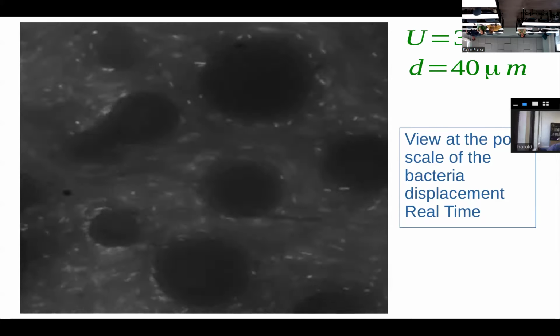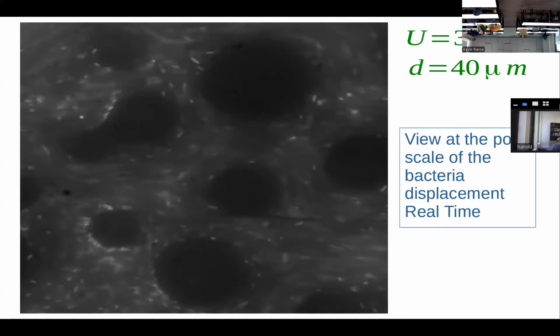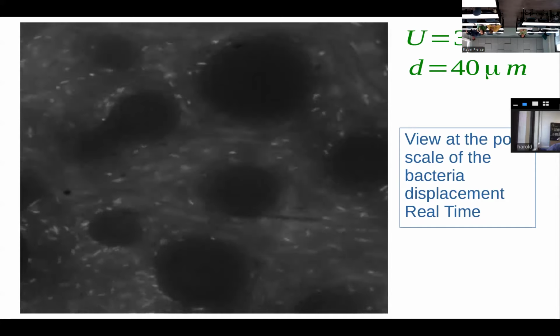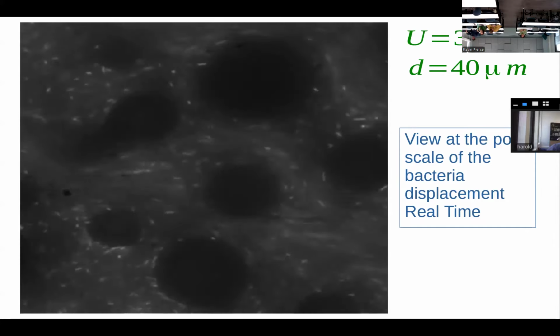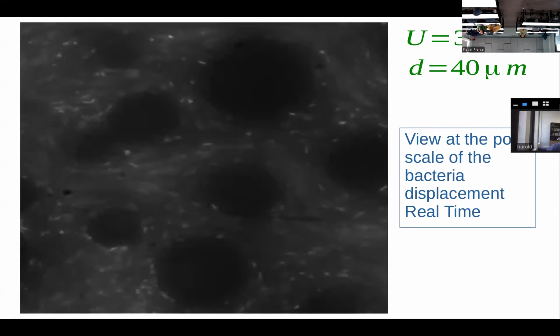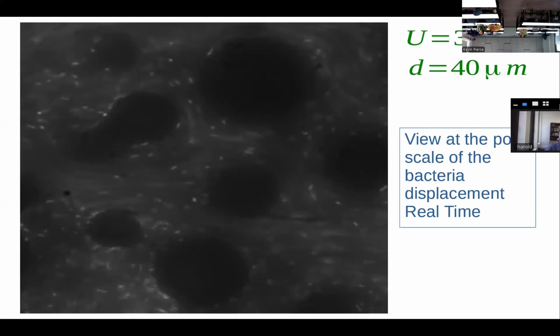So you see the retention effect comes from an exchange between moving particles in the moving fluid and the pores, and also the interaction between the bacteria and the surface is an important factor.